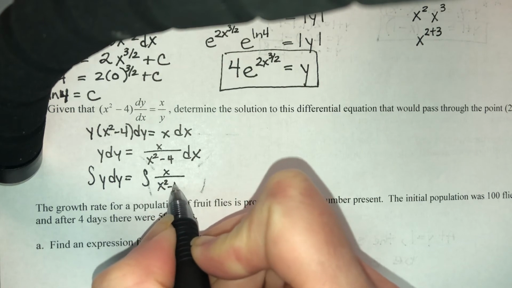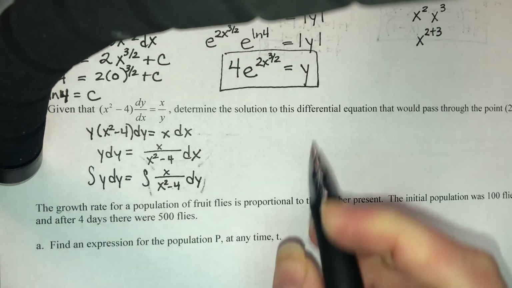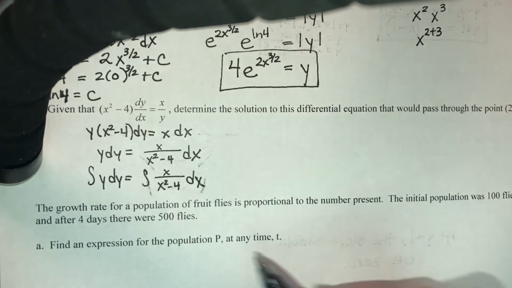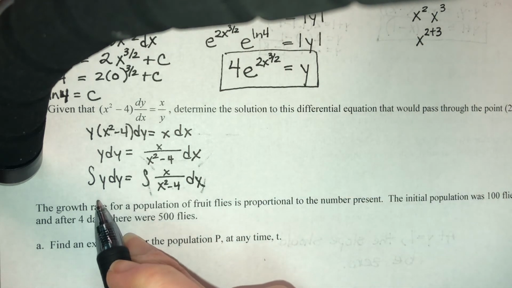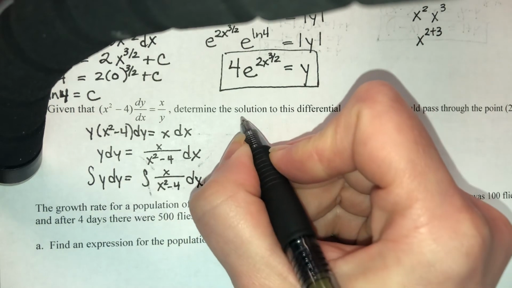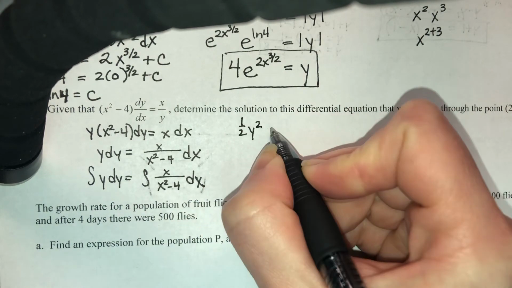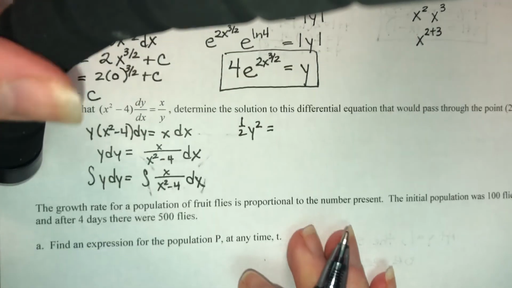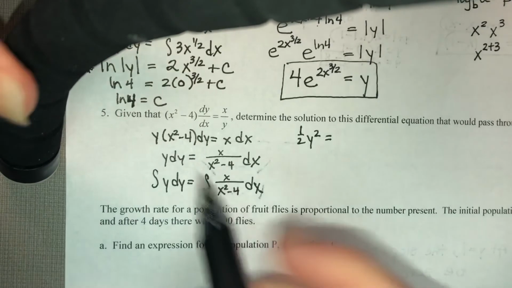How do we integrate on the right side? Well, let's do the left first. Oops, and this is a dx. The integral of y dy is 1/2 y squared. And on the right side, we have to use a u substitution. The denominator is the u.